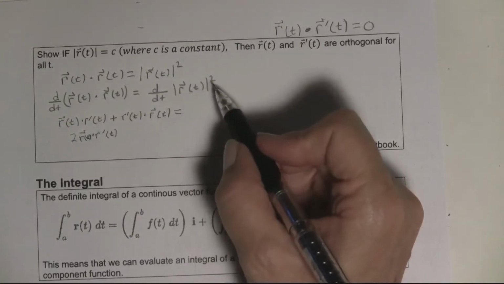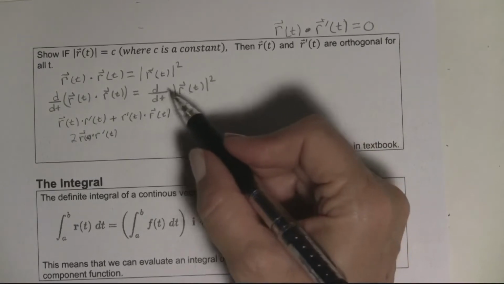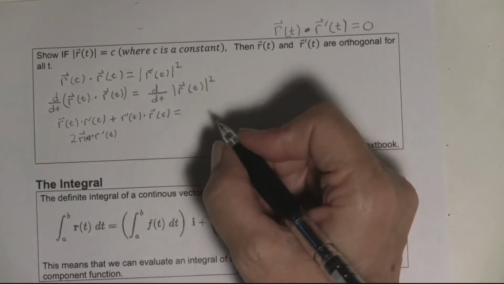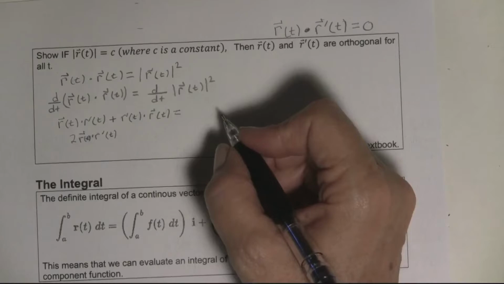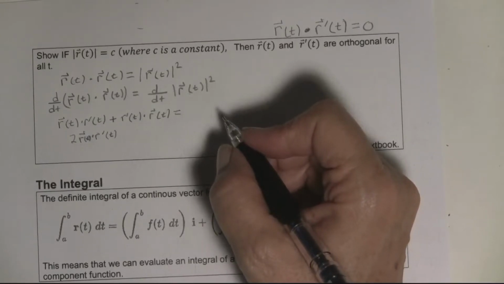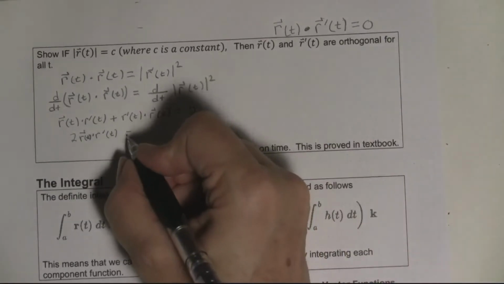If you square a constant, you have a constant squared. What is the derivative of a constant squared? It's 0. What's the derivative of a constant? 0. If you take the derivative of 2, you get 0. If you take the derivative of 2 squared, you get 4, and the derivative of 4 is also 0. So this equals 0.